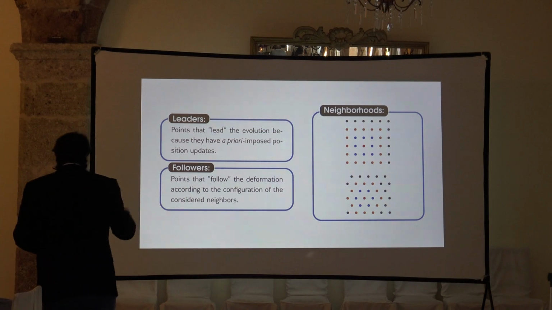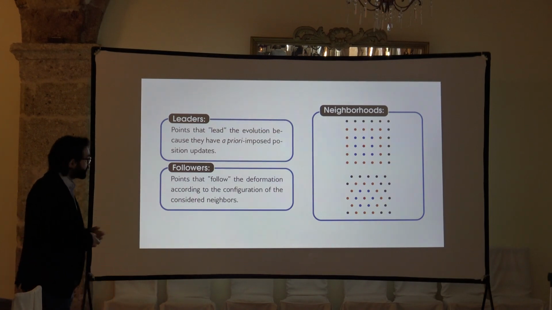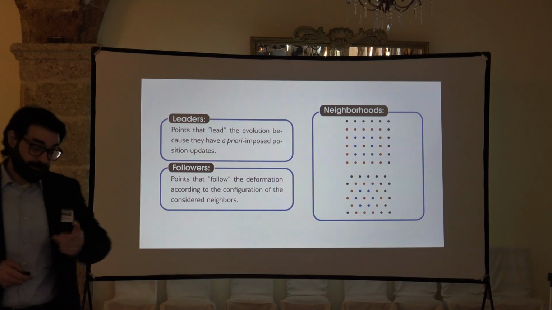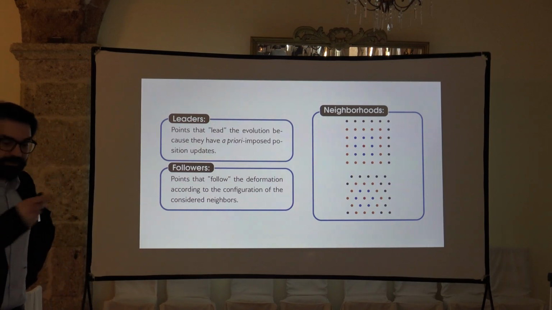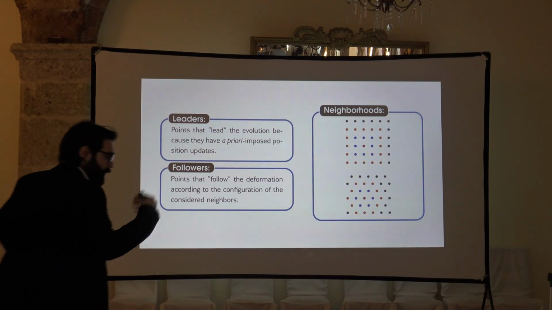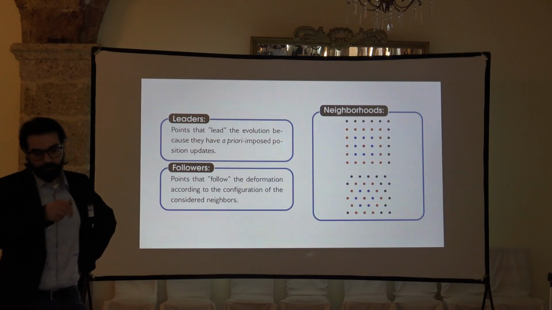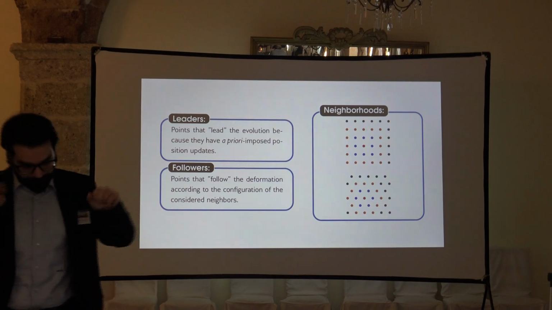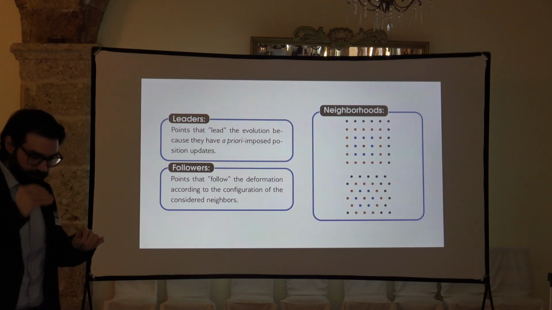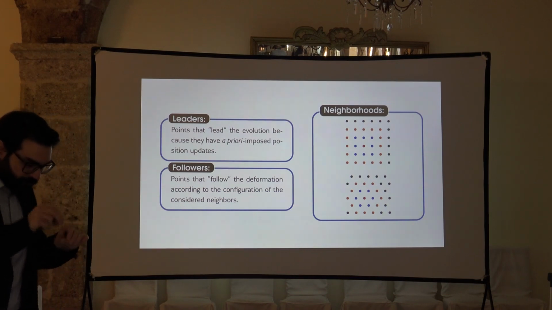We have said that the points can have a role. There are two roles, leader and follower. The points can be leaders, which means they lead the deformation, because they have an imposed a priori bias, let's say movement. So step by step of the algorithm, we move them.